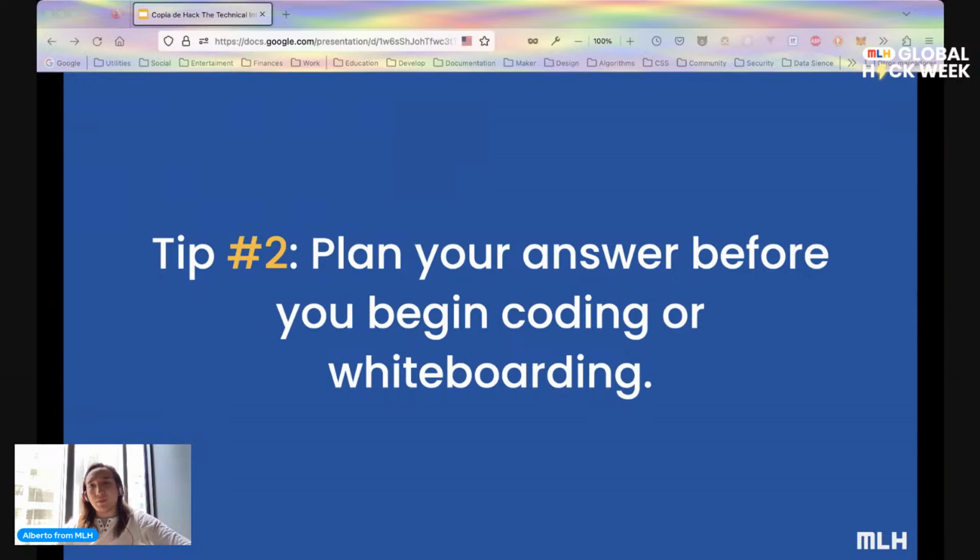Tip number three is to start coding and walk through your process, talk through your process, sorry. And then also you can comment the things you're stuck on. For example, you can say, I know I need to do this, and this is how I do it, but I need to join it with this other part that I don't know how to do.